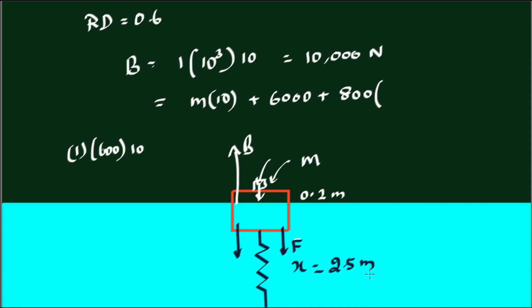The spring was extended by 2.5 meters. Now it comes down by a further 0.2 meters. So the spring is now extended by 2.3 meters. That's the K times X is the pull of the spring. So let's solve this for M, and M turns out to be 216 kilograms.